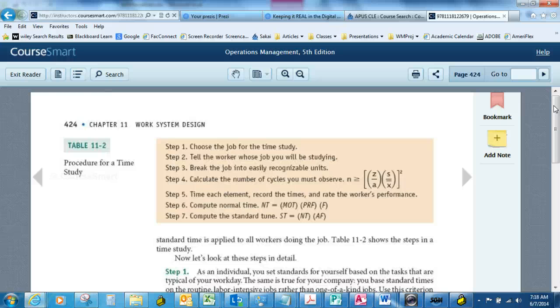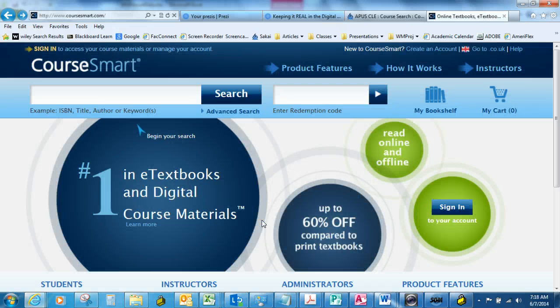So this tells you the exact steps you would need to take in order to conduct a time series study. And it gives you the example of making a pizza. What you're trying to do is find out in that example how long it takes for each step of making a pizza.